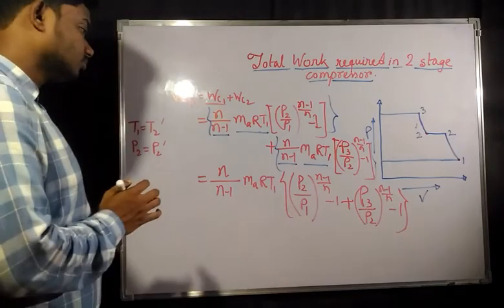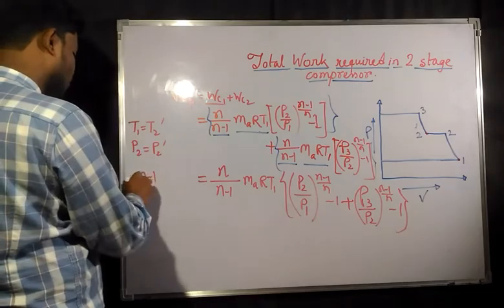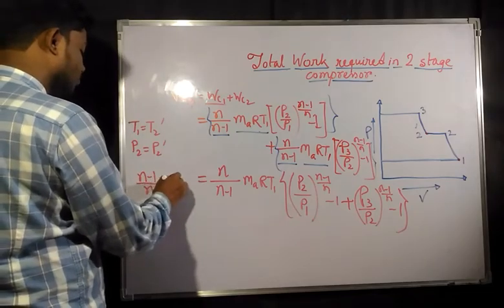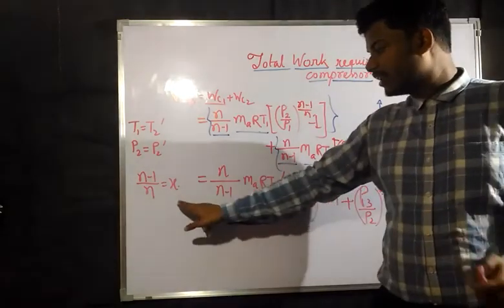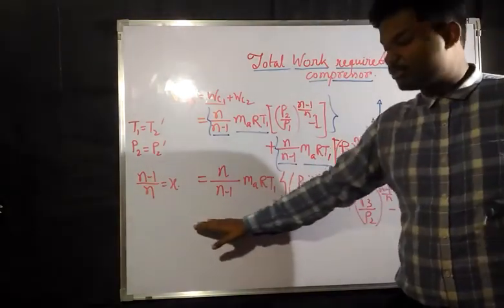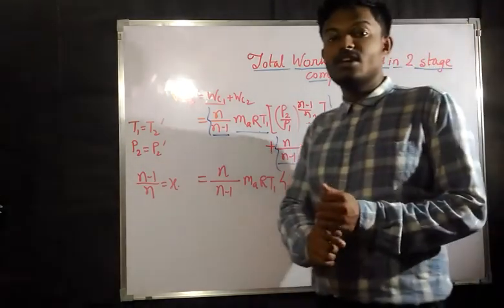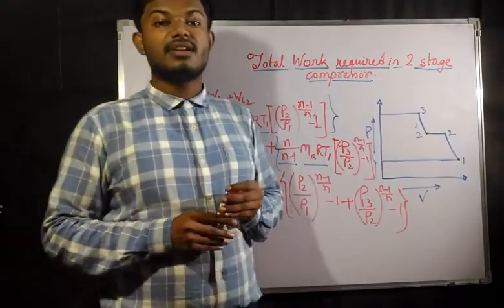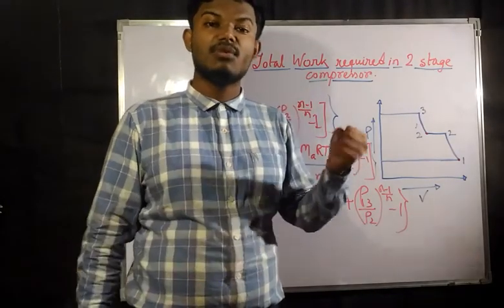Now you can take n minus 1 by n as x, so that it is easier for us to differentiate this. Why are we going to differentiate this? Because in a multi-stage compressor we need to find the conditions for minimum work input.